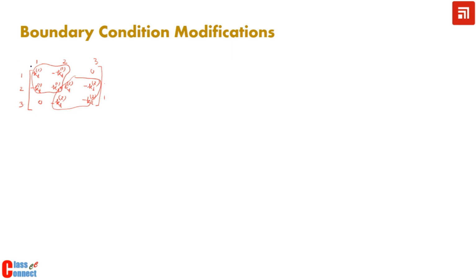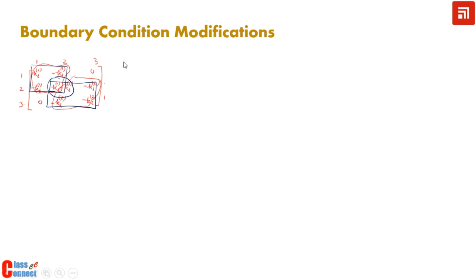So we can see that this block has the contribution of element number 1 and this block has the contribution of element number 2, and here we have the contribution of both element number 1 and element number 2.